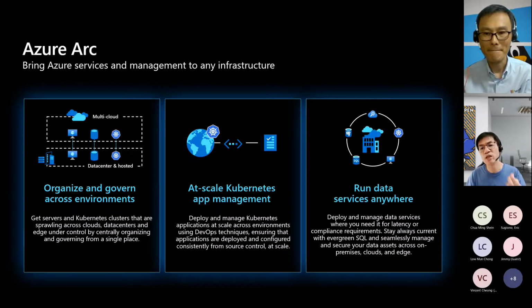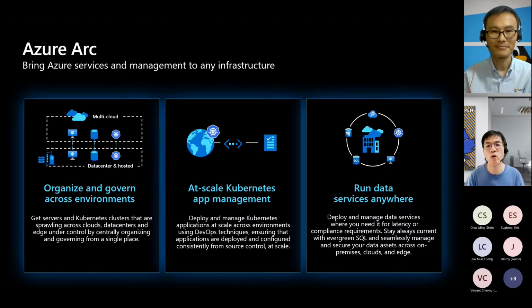You can also standardize change control with declarative configuration management systems like GitOps, right? Which is a popular Kubernetes operating model. And lastly, you can also run those managed Azure data services like Azure SQL Managed Instance and Azure PostgreSQL Hyperscale anywhere, right?